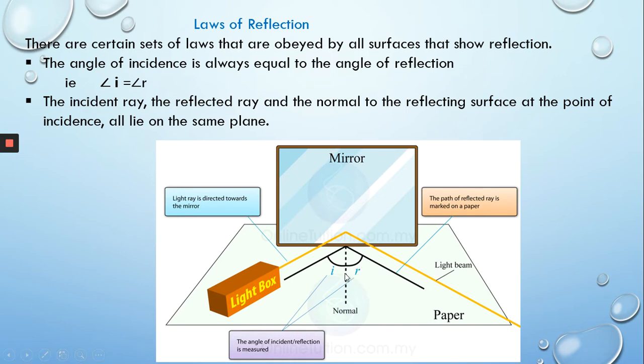Another question: the normal is the line perpendicular to the reflector. That means the angle between the reflector and the normal is 90 degrees.